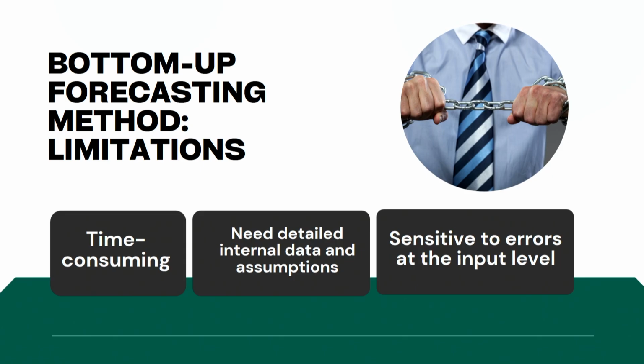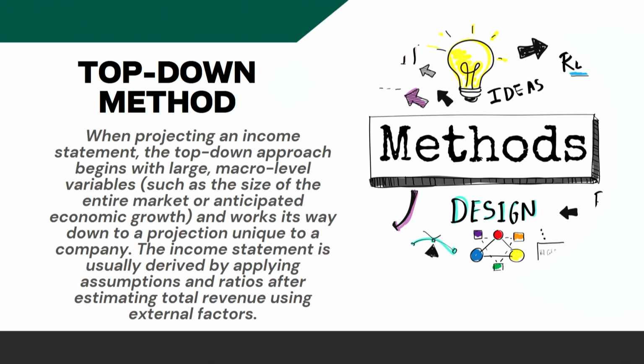Or we may say that we cannot rely heavily on the raw data if at the input level there are some manipulations or fabrications being executed by the employees who are entrusted with that particular task.